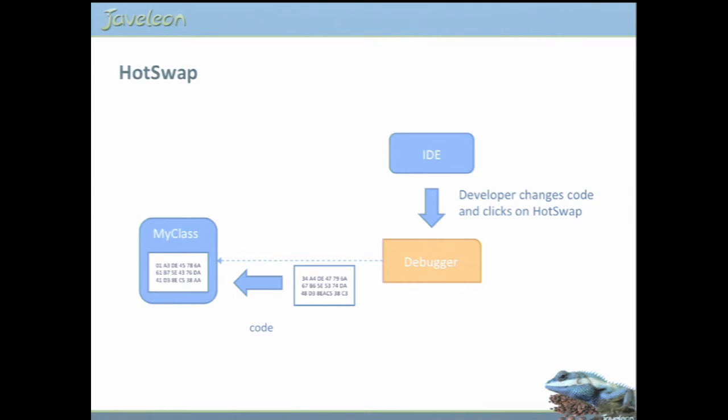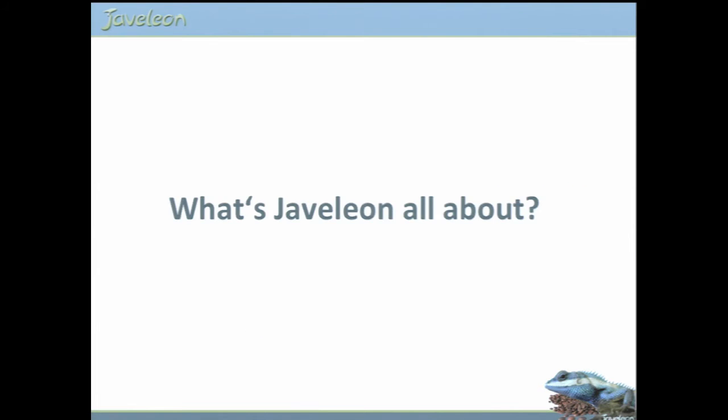So if you have some capabilities to actually reload changes into your system, you will try to overcome these restrictions, building in small workarounds that could produce less quality code. So what we really do need is a fully capable reloading system, and that's exactly where Javeleon comes into the picture.